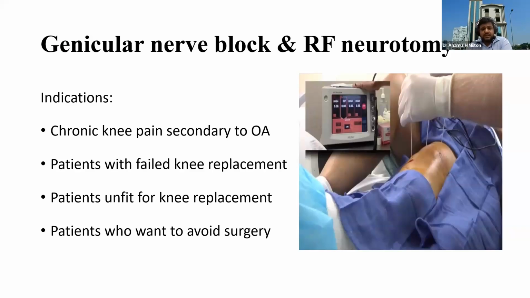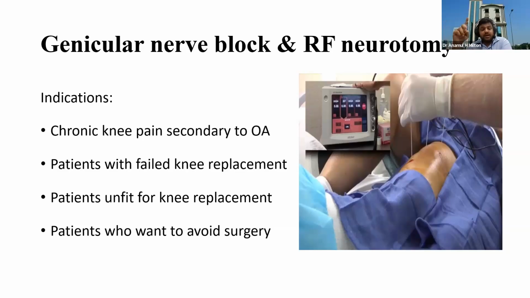But if there is a deformity, like valgus deformity, the first option is surgery. If the patient is not fit for surgery, like a patient with many coexisting diseases, then consider, or a second opinion should be, genicular nerve block, because it gives only 2 to 3 years of pain relief.